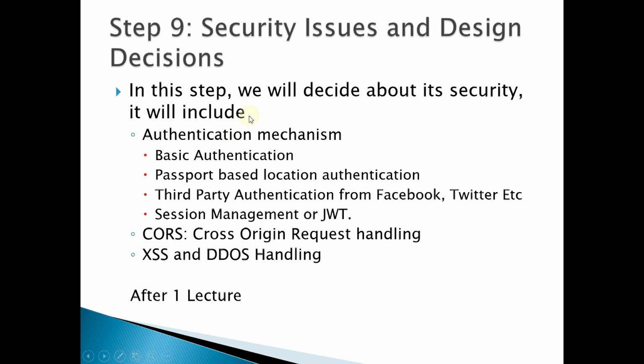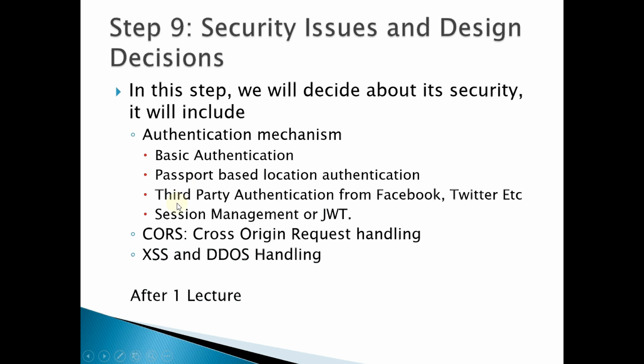The first thing, authentication. We will define the basic authentication. Either we will use the basic authentication mechanism, that is username and password, or we will define location based or third party authentication using Passport. Passport can also provide authentication based on some locations, and can provide a local strategy also.